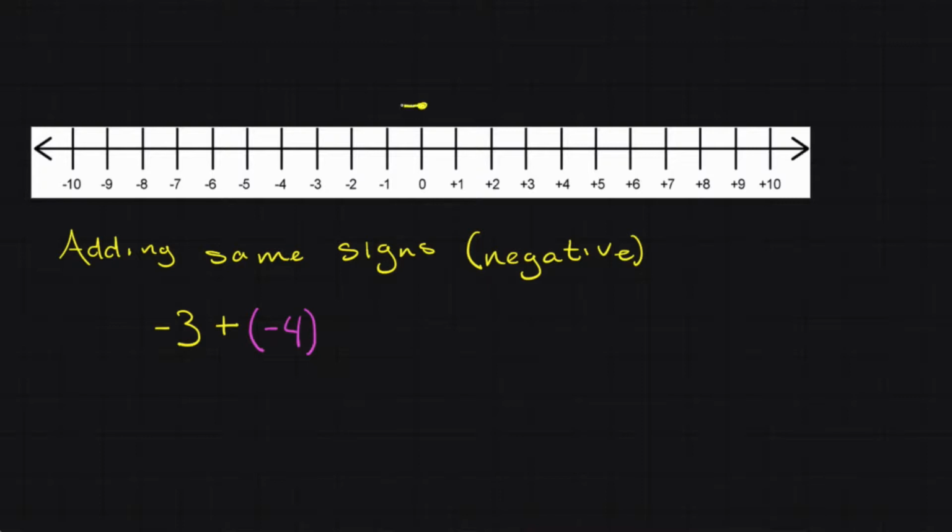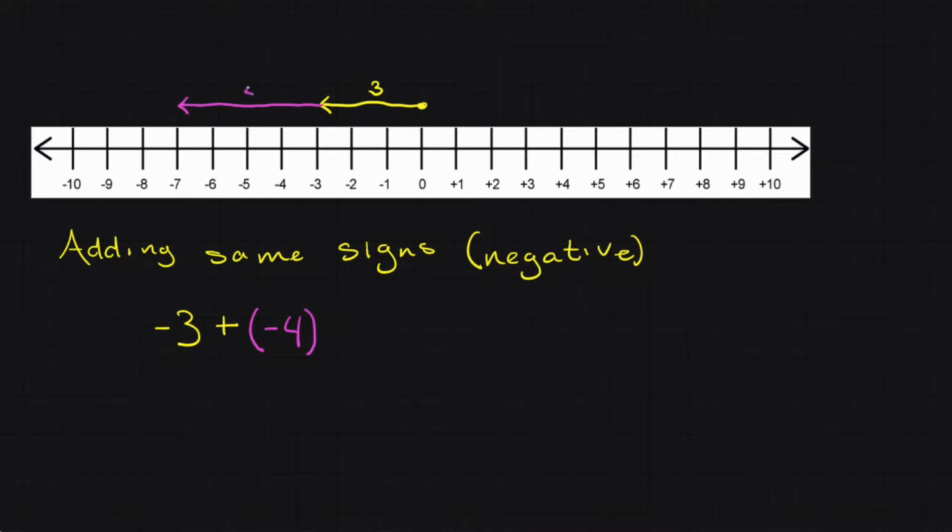I would start at 0, and I would head to the left 3 units. This vector has a magnitude of 3, and it's heading to the left. That's the negative direction, a magnitude of 3 and a direction of negative. And I'm going to add to that another vector going in the same direction, except it's going to go 4 steps, right?